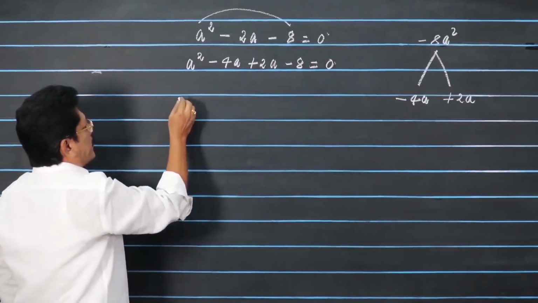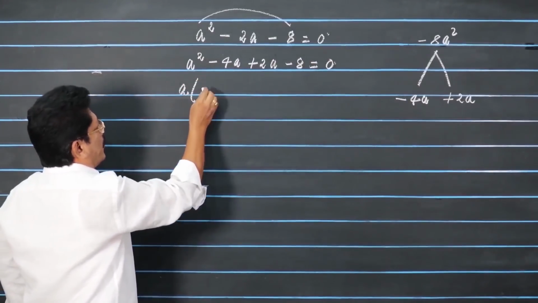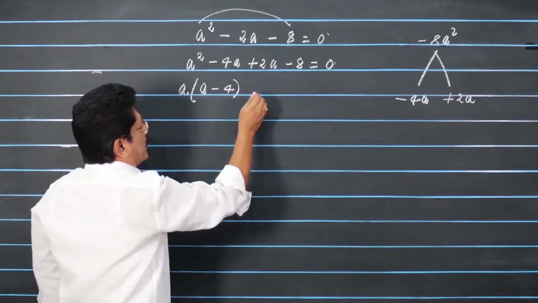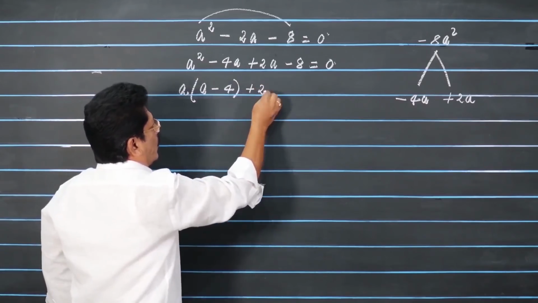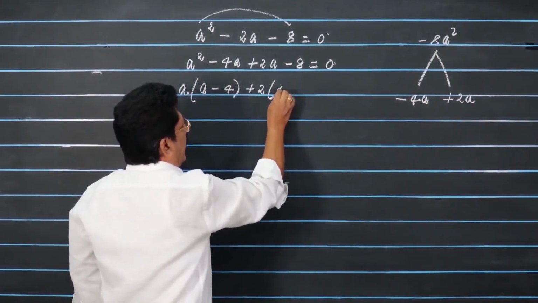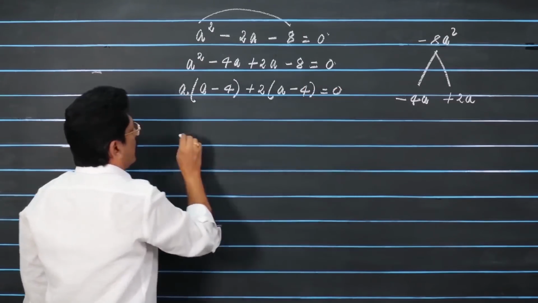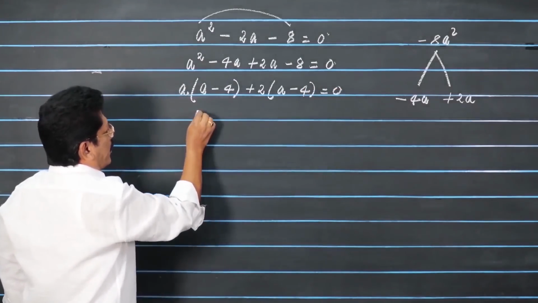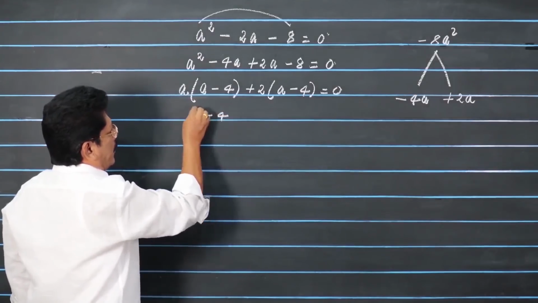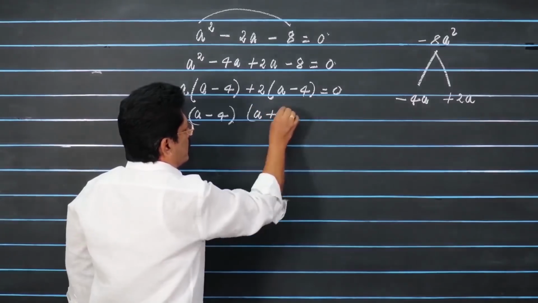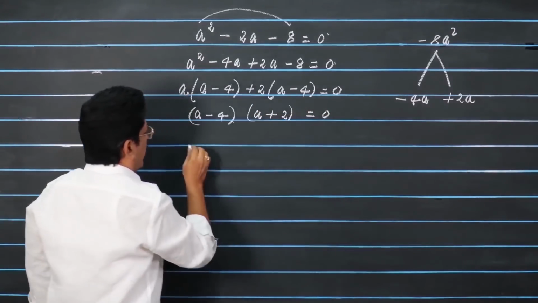Now what is common in this? A is common. A into a minus 4. Now what is common in this? Plus 2. Therefore the leftover will be a minus 4 is equal to 0. Therefore, the common factor will be a minus 4. The other factor is a plus 2 is equal to 0.